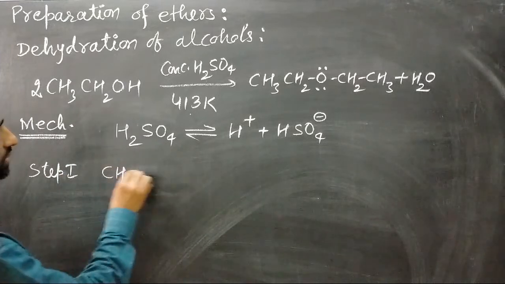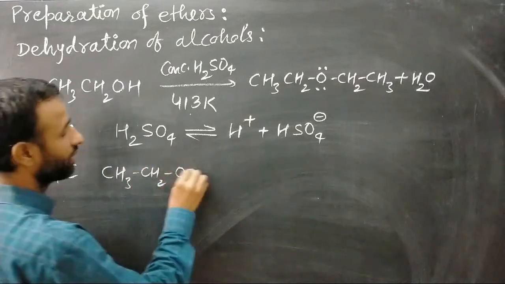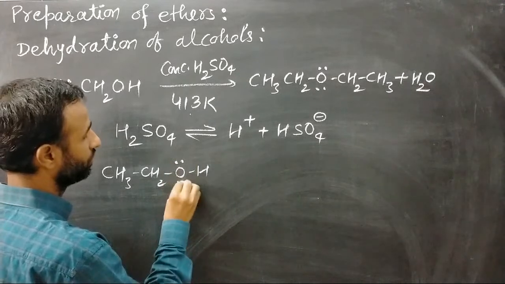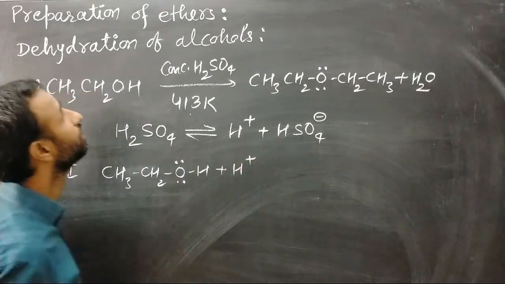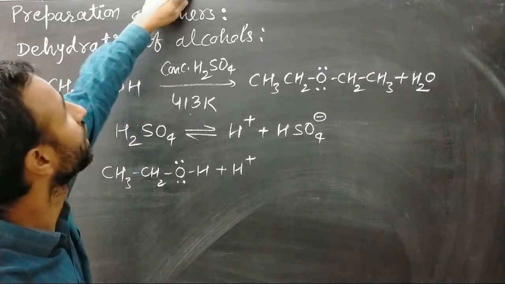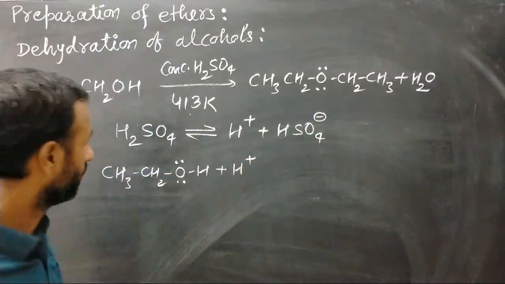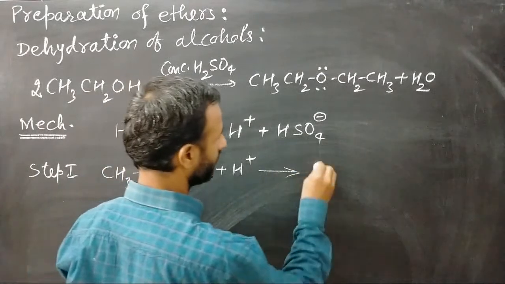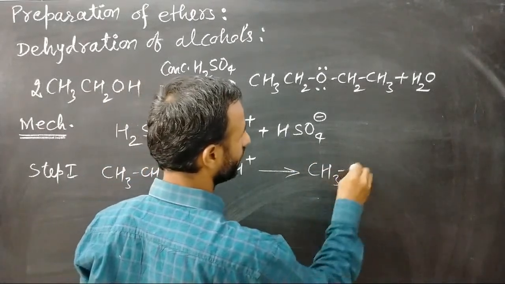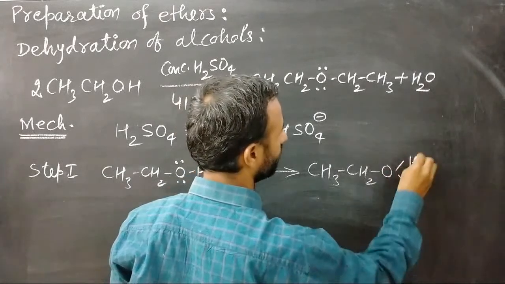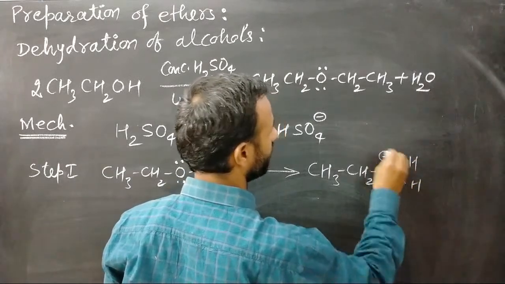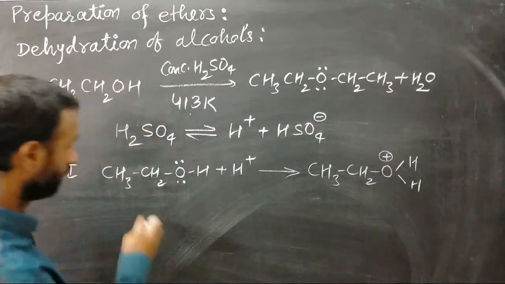So this H plus ion in step 1 will attack on the alcohol. So we get CH3CH2O, the protonated alcohol.